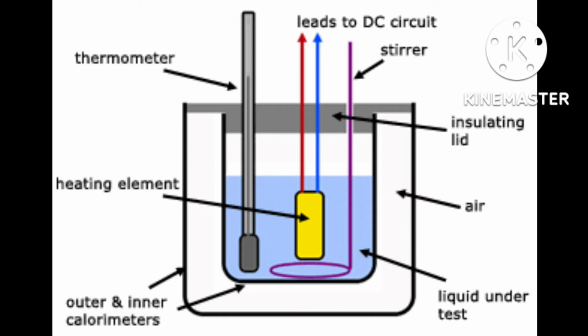Suppose a reaction is evolving heat. During the reaction heat will come out, then that heat will go to the surroundings, the water. Then the water temperature will increase, and you can measure that temperature. A Beckman thermometer will be dipped in the water.